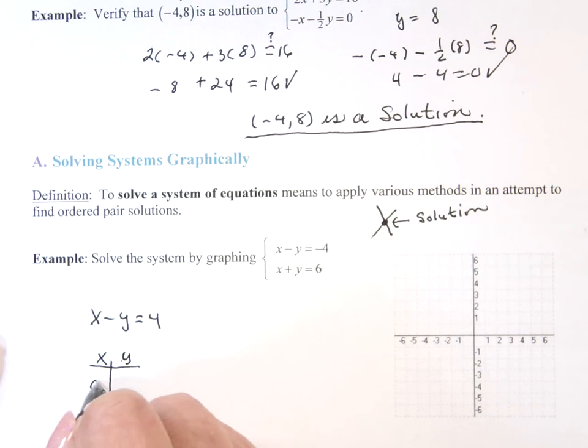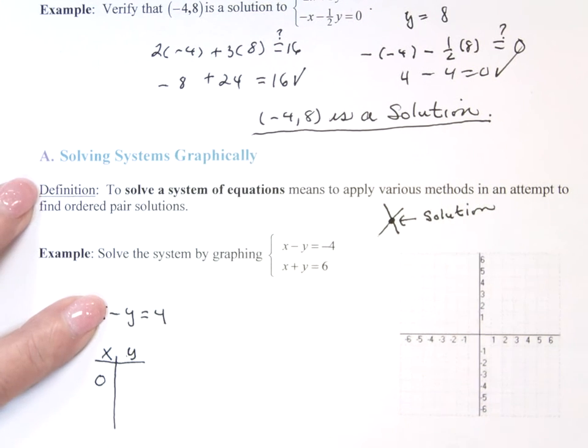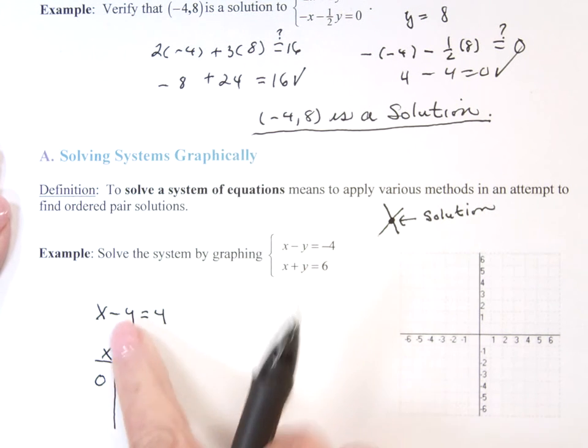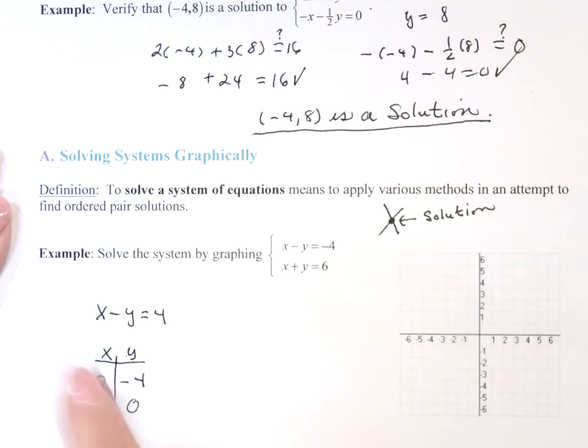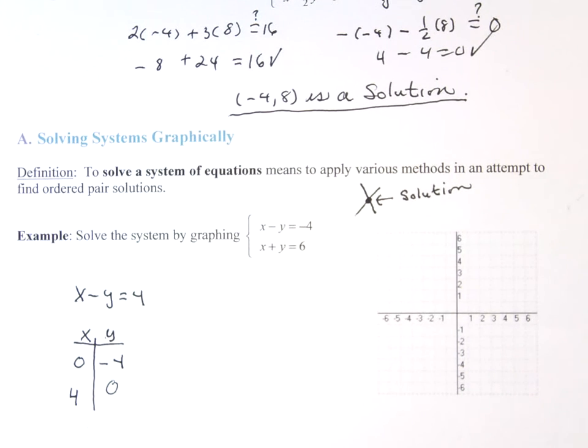If x equals 0, I cover the x up, y equals -4, and if y equals 0, cover the y up, x equals 4. I only need 2 points for a line. But if I were doing a graphical solution by hand, and it mattered whether the bridge was going to fall down or the shuttle was going to land in the right place, I'd do the third coordinate point because they should line up.